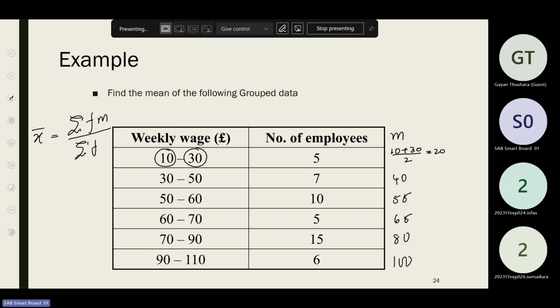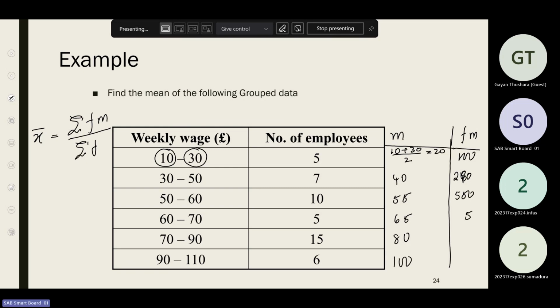But for the formula, we need FM, the product sum. So next we create the FM column. 5 into 20 is 100. 7 into 40 is 280. 550.